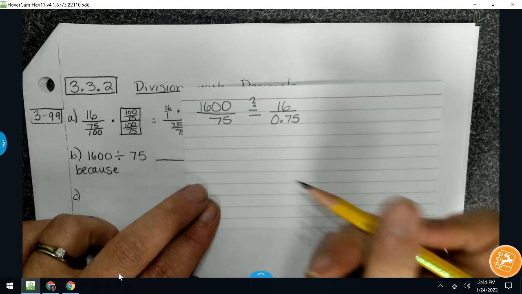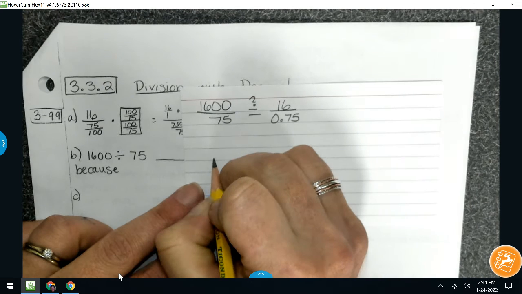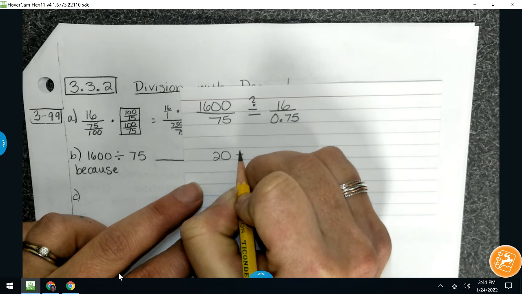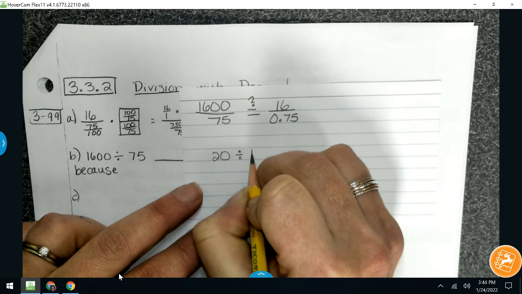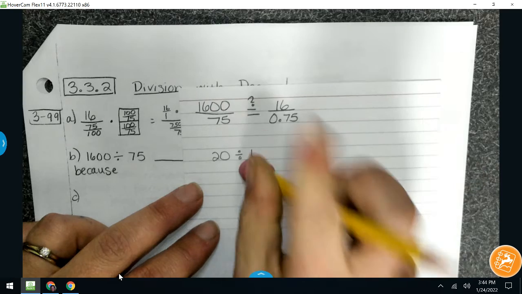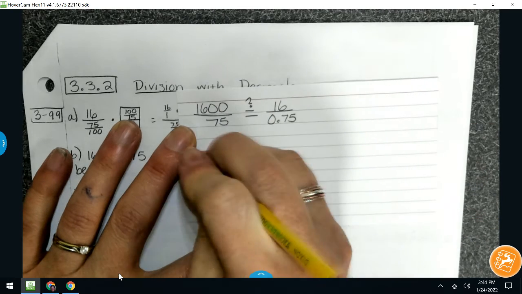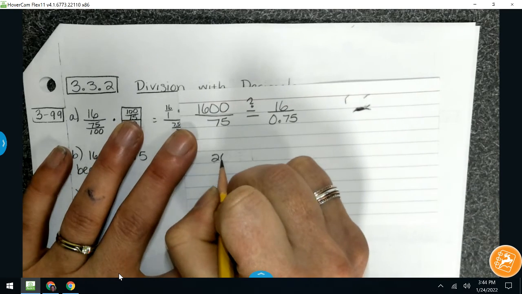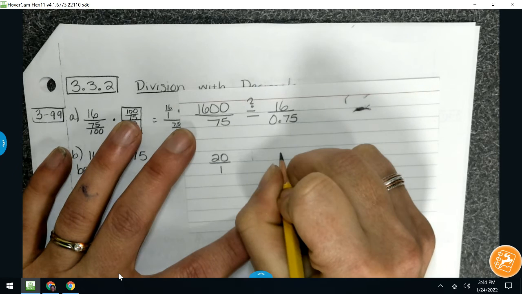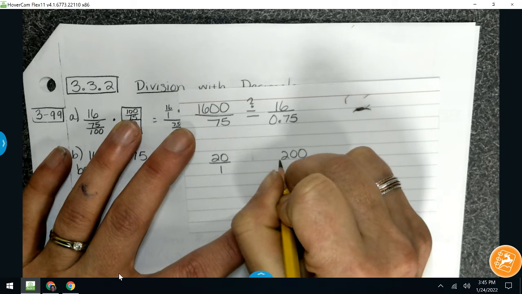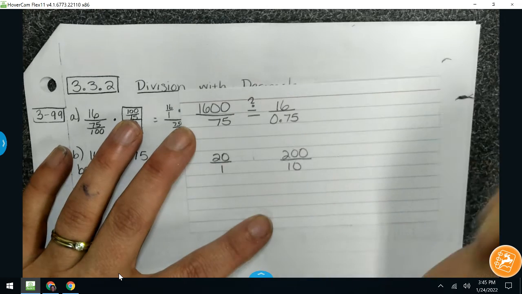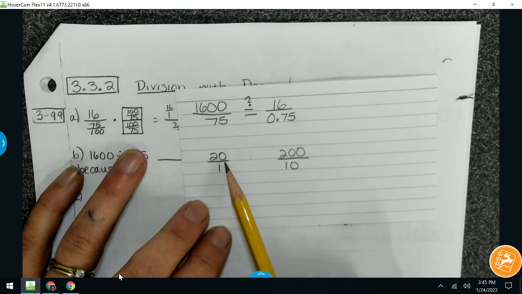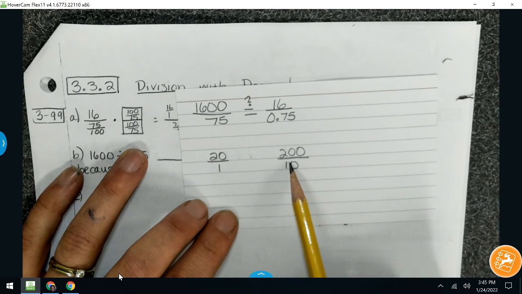So if I did it this way, where they're integers, I have 20 divided by 1 and I have 200 divided by 10.